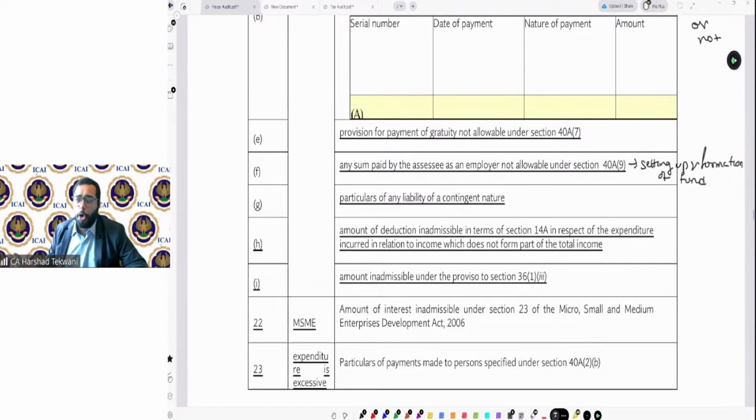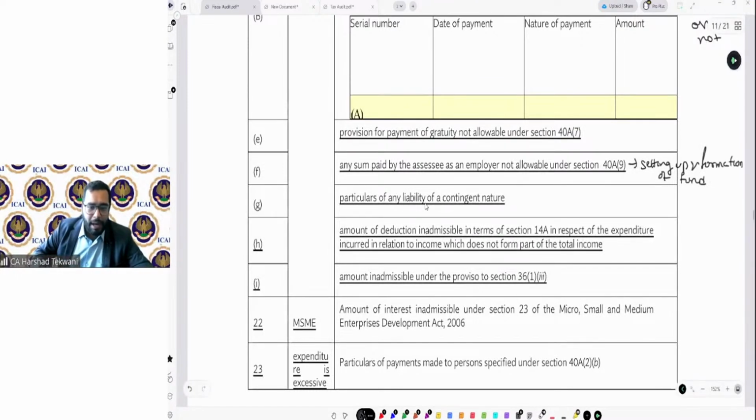Basically it is the borrowing cost which is required to be capitalized. So that amount is inadmissible, and it is required to be reported over here.